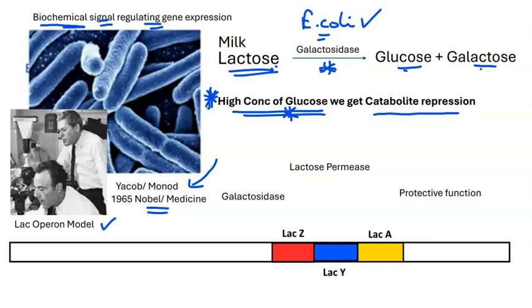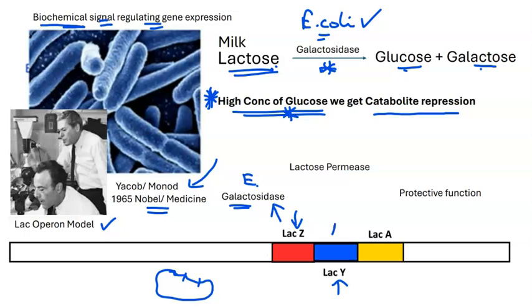Now, when we look at the gene locations, let's not forget E. coli has a nucleoid, and on that nucleoid there's a region in which we have three genes, Lac Z, Lac Y, and Lac A. Now, Lac Z is responsible for the enzyme. I'll put E to remind us.